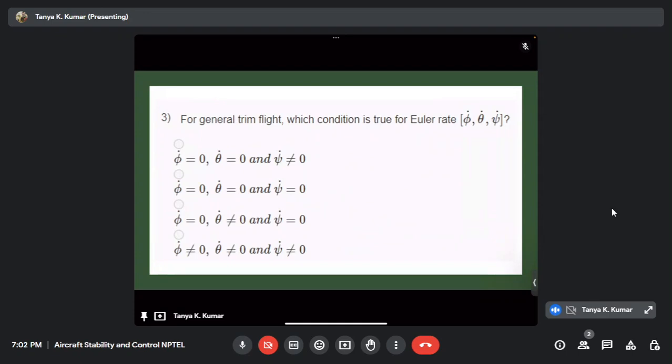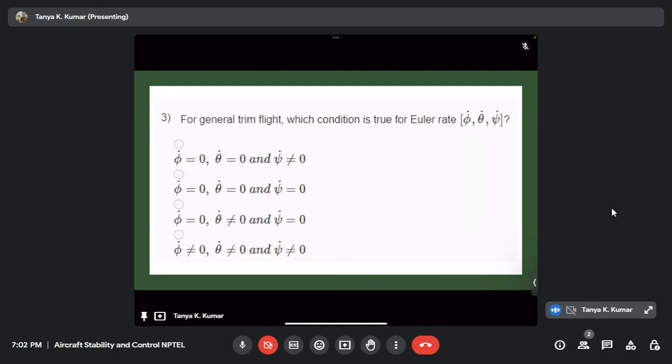For general trim flight, which condition is true for Euler rates: phi dot, theta dot, psi dot? Which condition is true for trim flight? What was the trim condition? Sir had dealt with this explicitly in the lectures. He had in fact told this very condition.